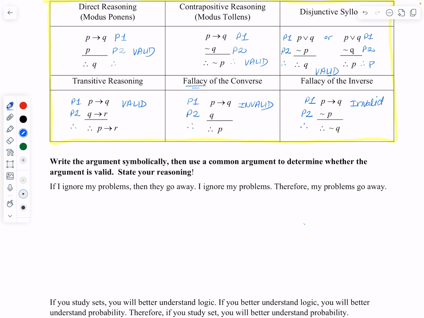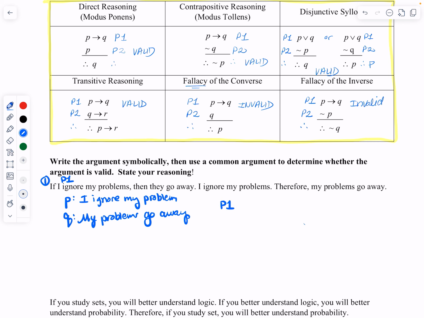Well, I have two things going on here. I'm going to let P equal I ignore my problems. And I'm going to let Q equal my problems go away. Okay, so if I look at sentence 1, remember sentence 1 is P1.